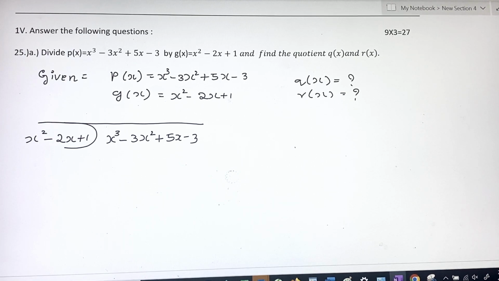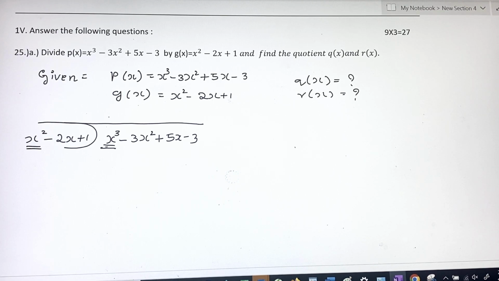Now you know that here we have x square and here we have x cube. For this, how much do we need to multiply to get x cube? We already have x square, so if we multiply by x, we get x cube.